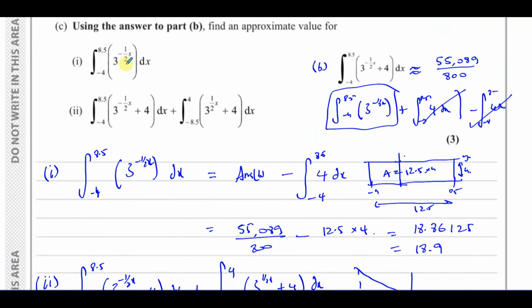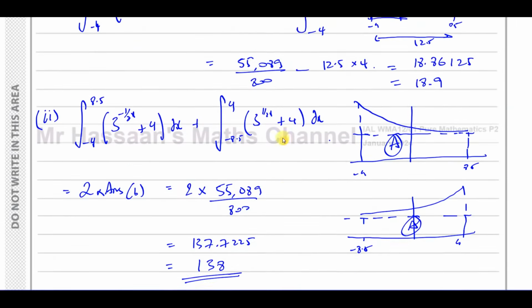This is basically the same as this area take away the rectangle underneath it. It's as if this is going up to the x-axis only, so you're taking away the area of this rectangle that's underneath it. And here you can think of these two areas as the same. So when you add them together, you get the answer to this. So it's just 2 times the answer to part B. And that concludes this question.